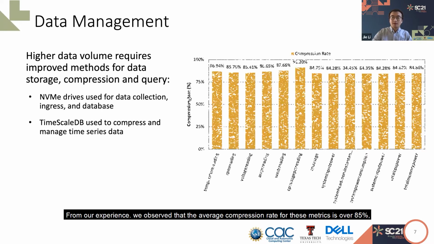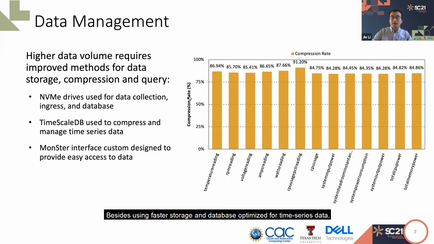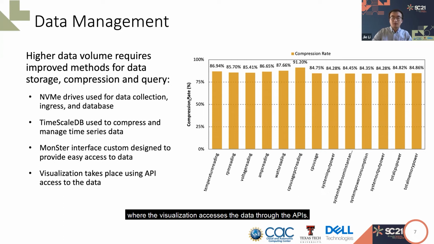From our experience, we observed that the average compression rate for these metrics is over 85%, as shown in this figure. The compression significantly alleviates the data storage pressure. Besides using faster storage and a database optimized for time series data, we further developed a master interface to provide easy access to the monitoring data, where the visualization accesses the data through the APIs.